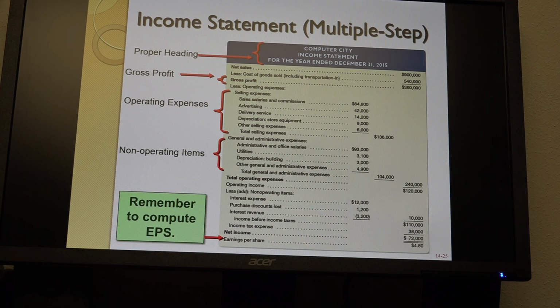So here they've got inventory, so it shows cost of goods sold, and so you've got gross profit that comes out of that. Net sales minus cost of goods sold equals gross profit. And then after that, you've got your operating expenses, which includes selling and general administrative expenses. And so you've got your operating income that comes from that. Then you've got some non-operating items and unusual items that you have to deal with to come up with net income.